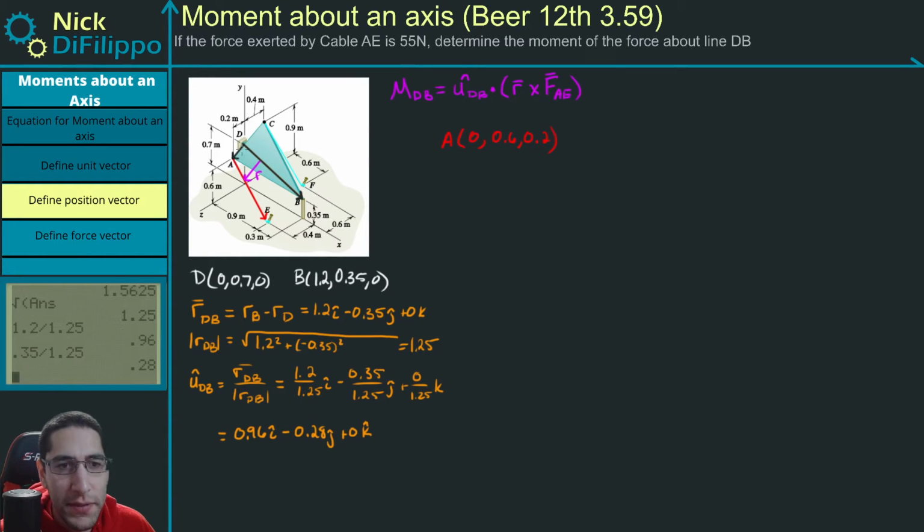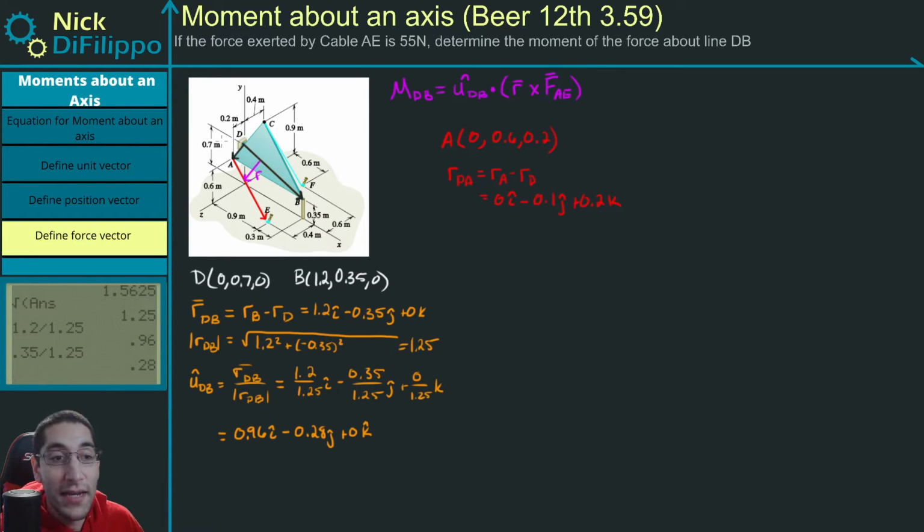So when we figure out this position vector, again, the position vector r_DA is going to be equal to the position of point A minus point D. We subtract the tail from the head. So this is equal to 0 minus 0i, so 0i. Then we have 0.6 minus 0.7j, so minus 0.1j. And we have 0.2 minus 0k, so plus 0.2k. And that's my position vector.